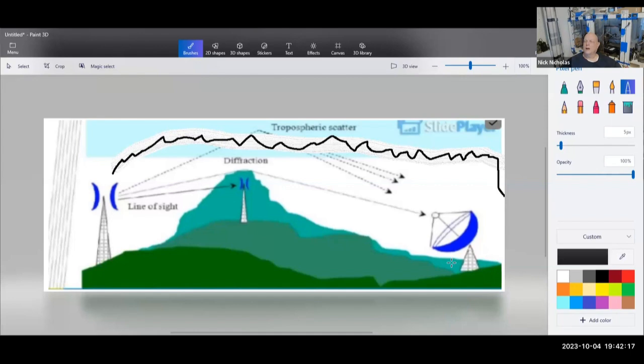We call this ducting. I have worked Michigan to Maine, Michigan to Florida, Michigan to California, Southern California. The longest paths across the country on 2-meter ducting. 6-meter does it real well. But 6-meter, when it occurs, it's so rare.